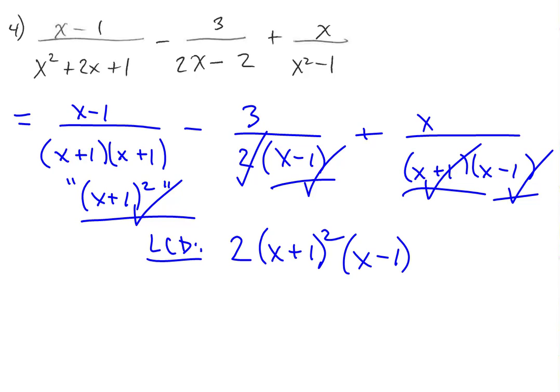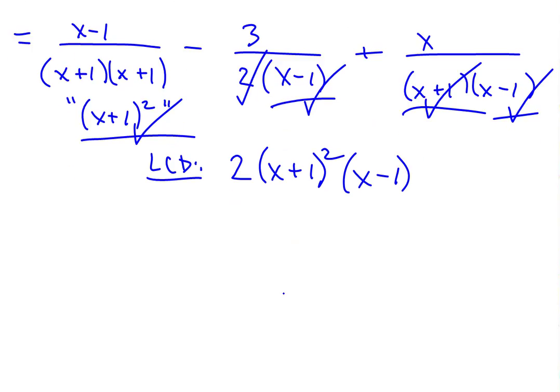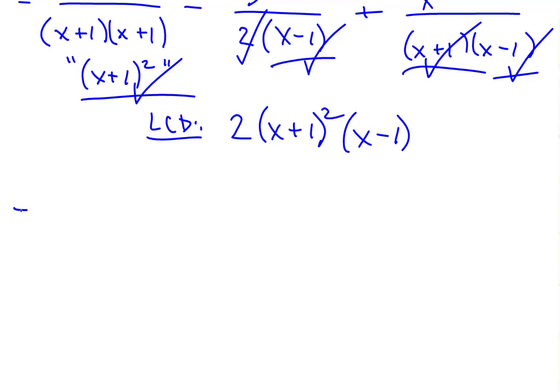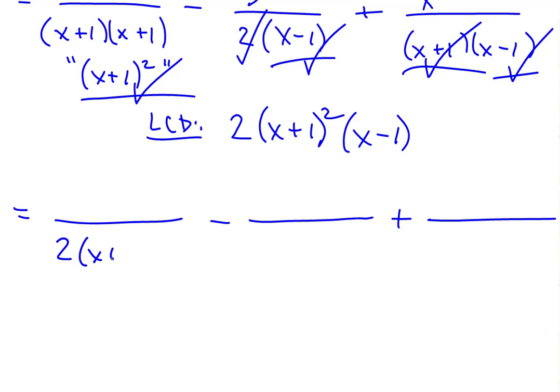It is 2 times x plus 1 all squared times x minus 1, which means we'll proceed as we've been doing so far, which is I'm going to rewrite 3 brand new fractions, but I'm going to put the correct signs between them and this new LCD in each of their denominators. So they're each getting a 2 times an x plus 1 squared times an x minus 1 all the way down.